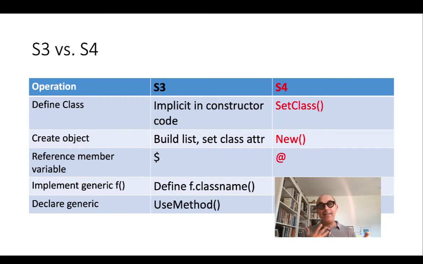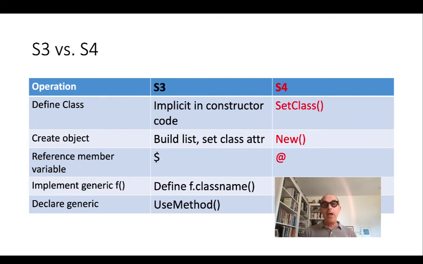So, comparison of S3 to S4. Defining a class is implicit in S3, but in S4 it is setClass and it is required. In S4, when we want to create a new object, we need to declare that by saying new, and we need to give it a name.